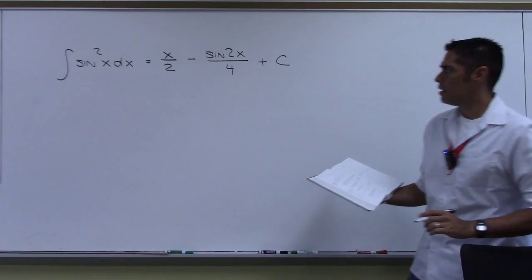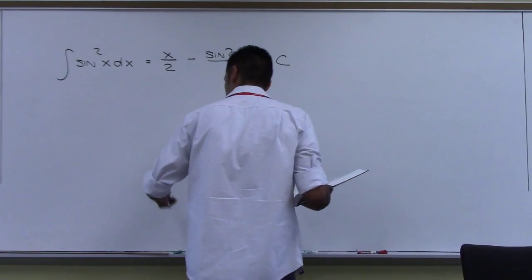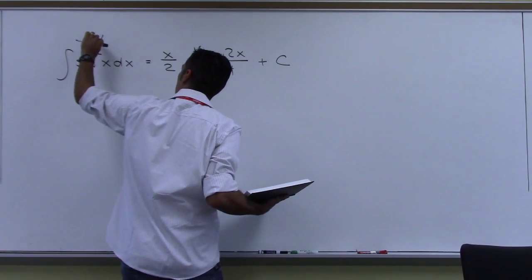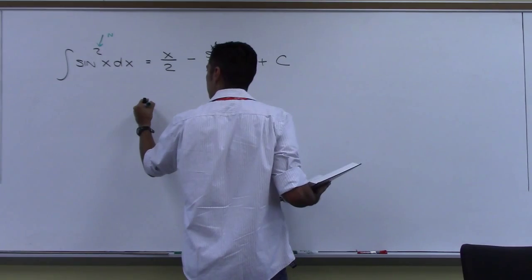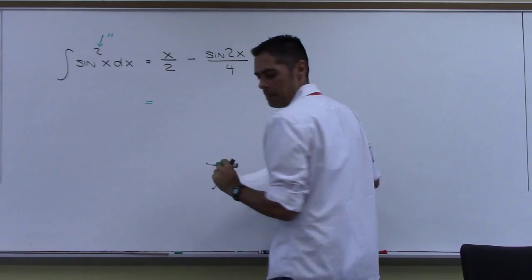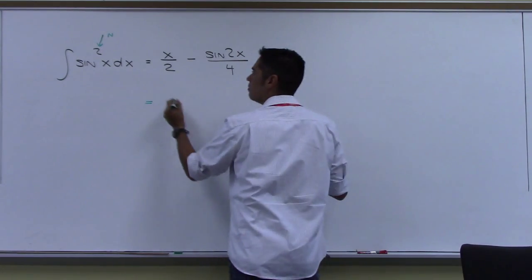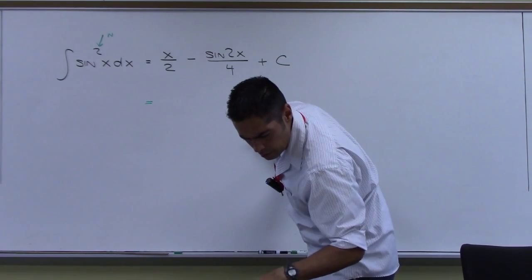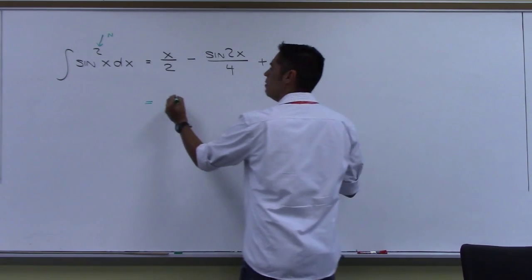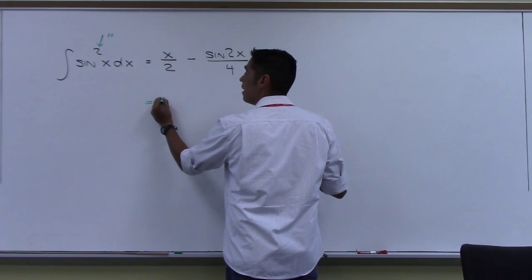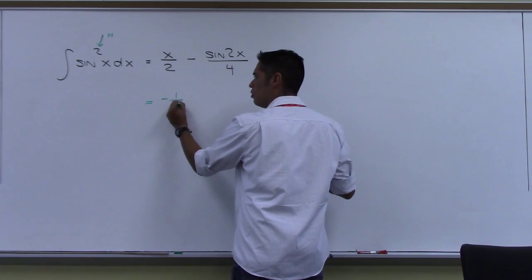So according to the formula, if our n right here is 2, then the formula says negative 1 over n, so for us it would be negative 1 over 2.